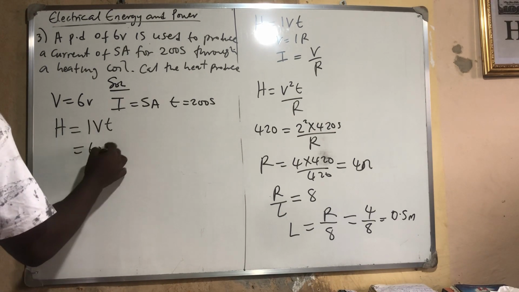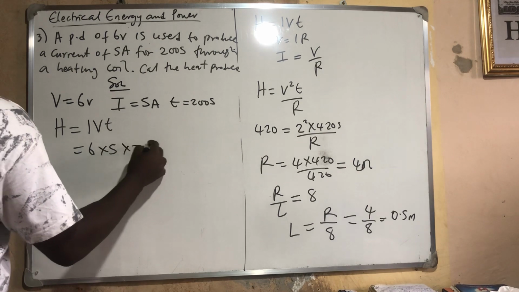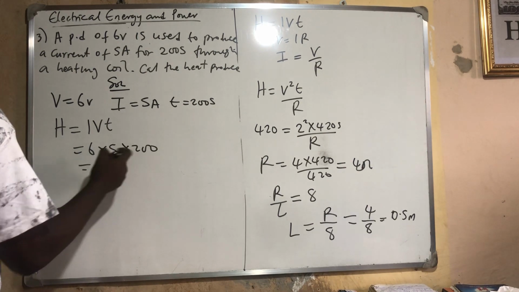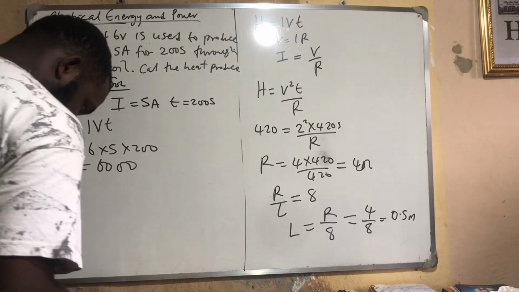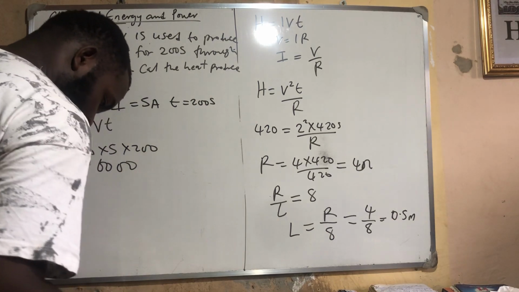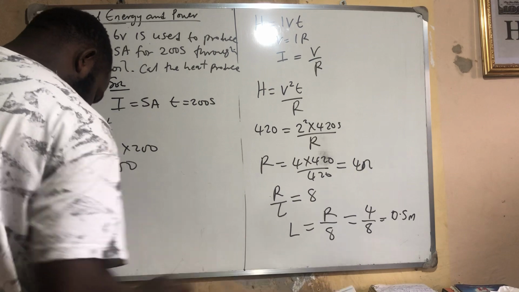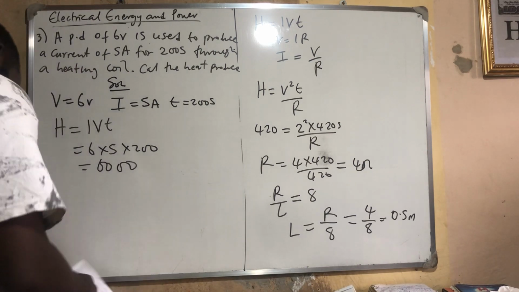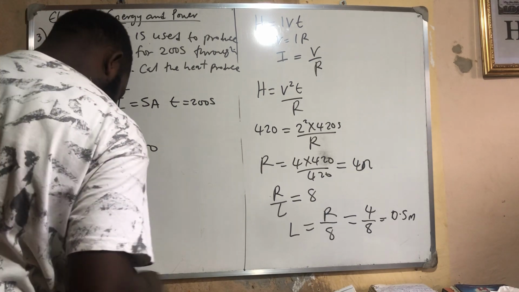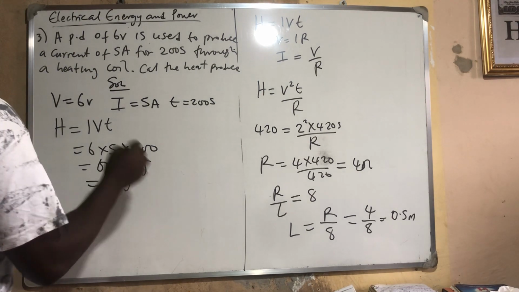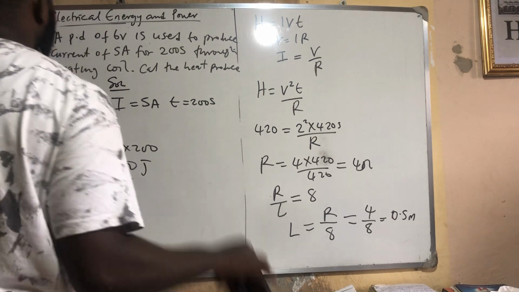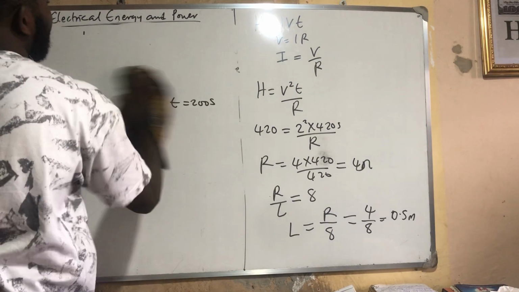So which is 6 times 5 times 200, which is what? 6 times 5, 30. 30 times 2 is 60, 00. So that is 6000 joules, which is 6 kilojoule.